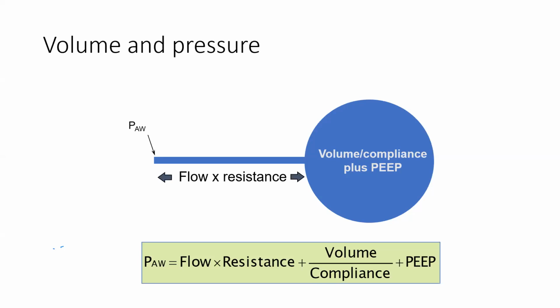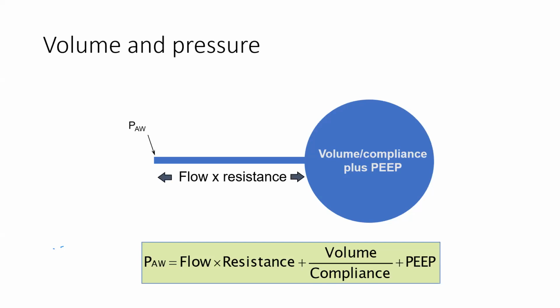This is the residual pressure we keep in the lungs at the minimal pressure point at the end of expiration. So during this era of modern mechanical ventilation, we stopped allowing all air out of the lung during expiration. We keep some air inside to keep the alveoli open. This volume we keep generates pressure. This pressure is the positive end expiratory pressure.